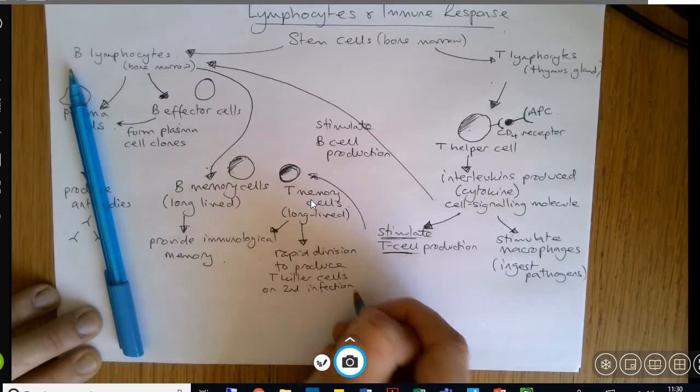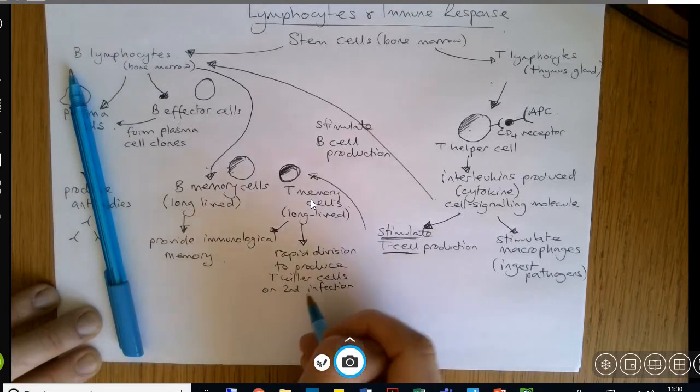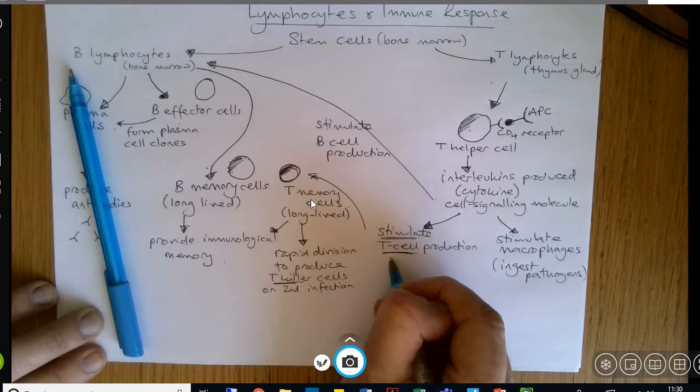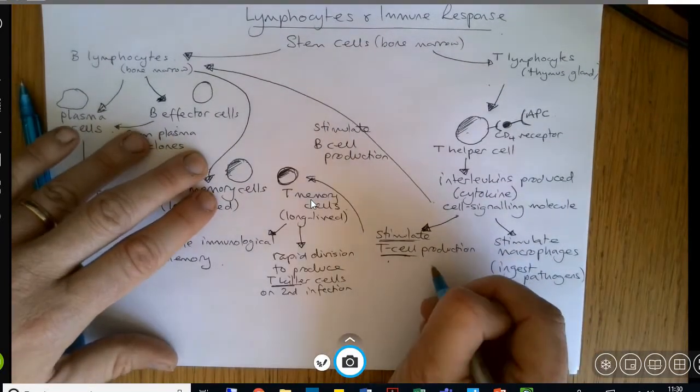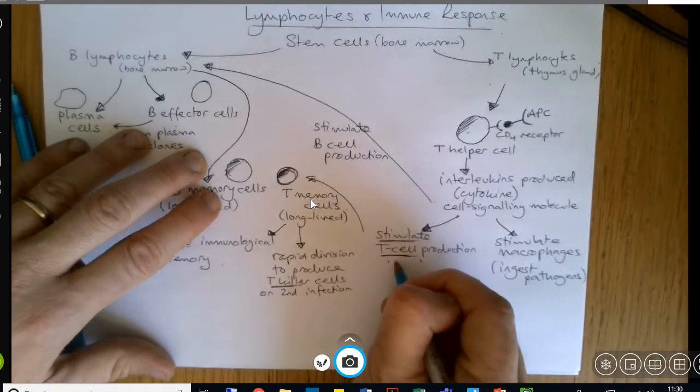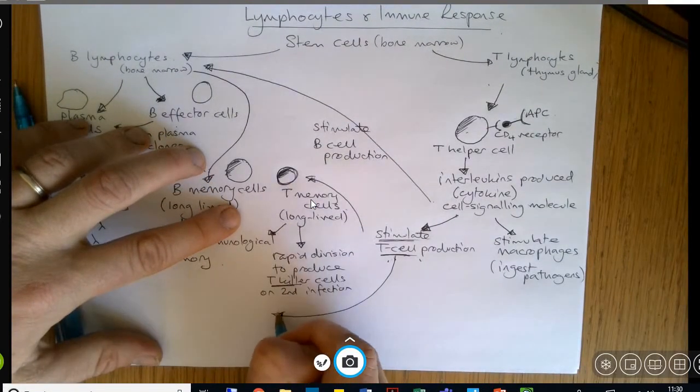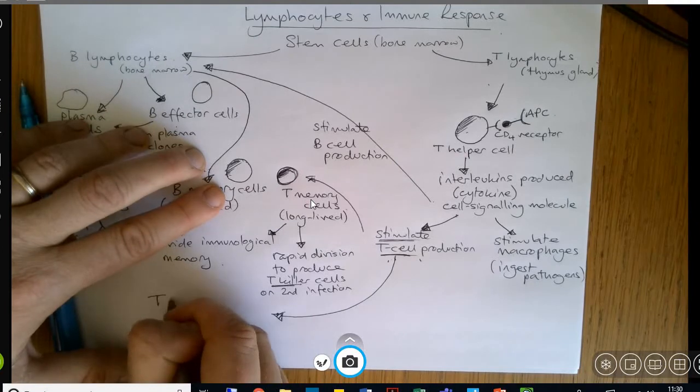So when they meet an antigen for a second time, they produce T killer cells rapidly. Okay, so what are T killer cells? They're the kind of ones we want to really understand. Let's put these over here. Okay, so our T killer cells.